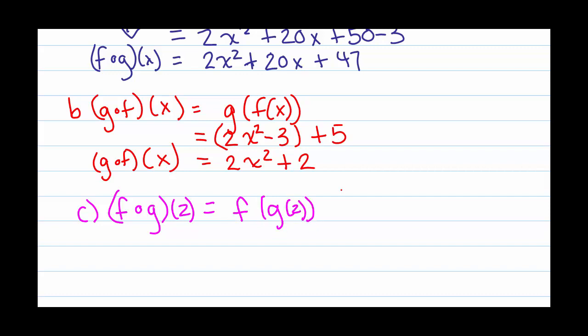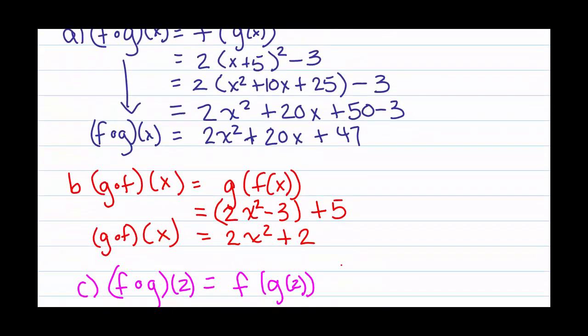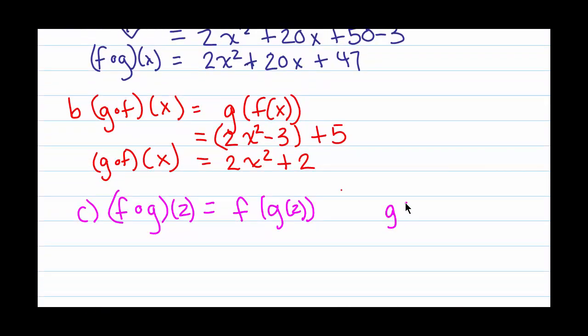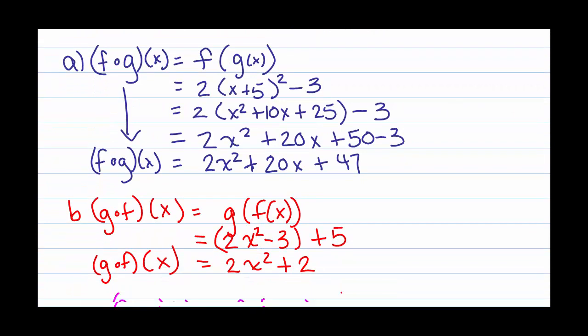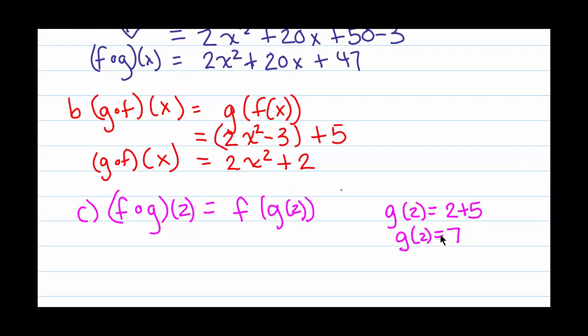So what function are you really plugging that 2 into? You're really plugging that 2 into my g function. So the first thing I'm going to do is find g of 2. So g of 2 is equal to 2 plus 5. So g of 2 is equal to 7. Plugged in 2 right here. So since now I have g of 2 equals 7, then I'm going to replace g of 2 with 7.